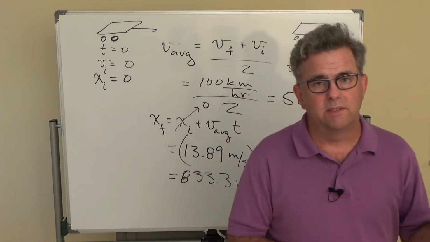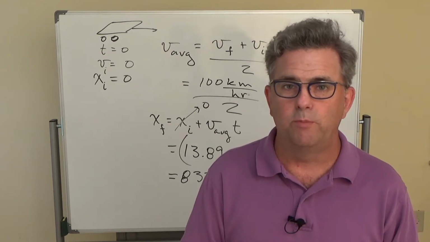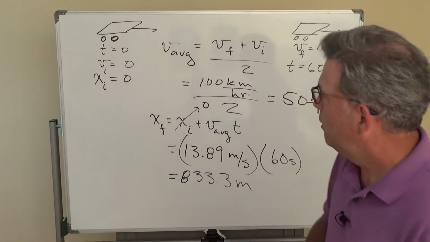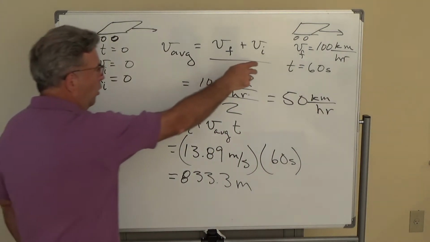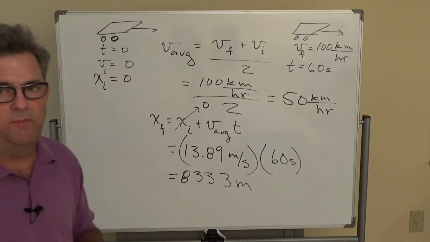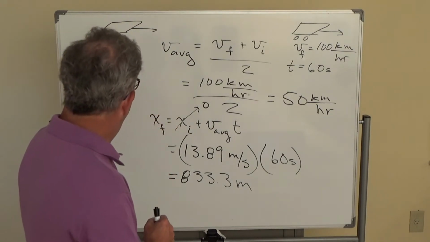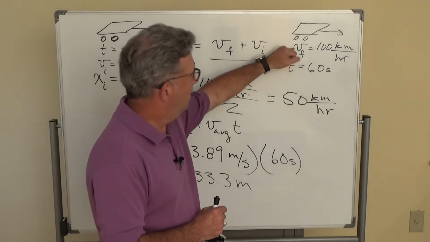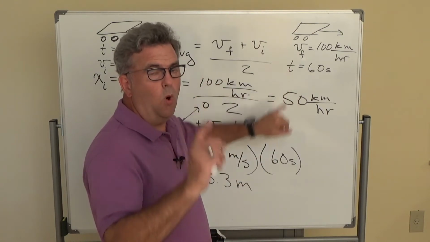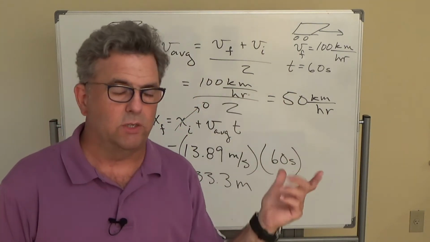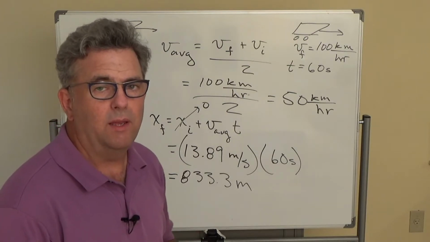If you made it this far to get to Physics 1, you've got some good problem solving skills, hopefully. You got to draw a picture, label, write down the things you know, and then based on those variables you look at the equation and find out, okay, I know x initial, v final, how long it took. That leaves me one unknown in the equation that I had previously. It also leaves me one unknown here.